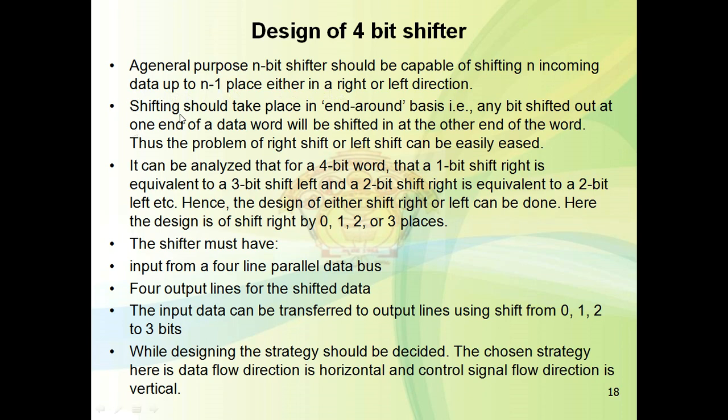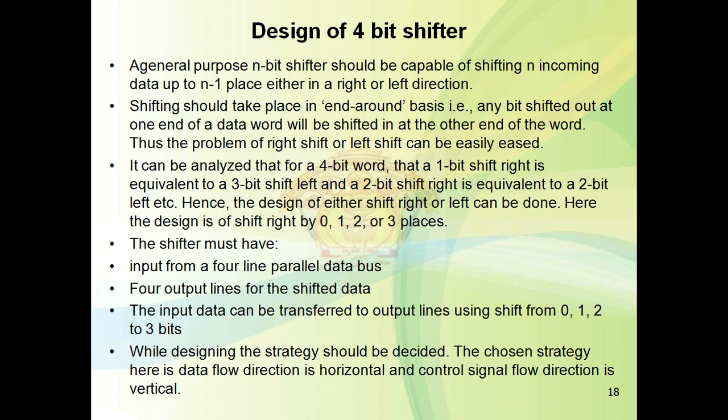Shifting should take place on an end-around basis, that is, any bit shifted out at one end of a data word will be shifted in at the other end of the data word. Thus, the problem of right shift or left shift can be easily resolved.